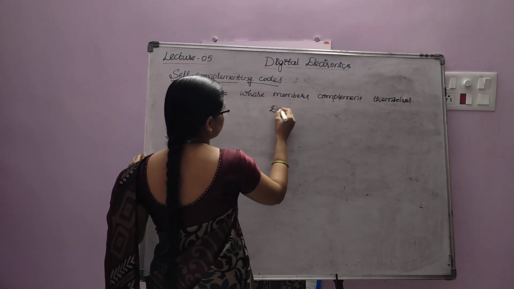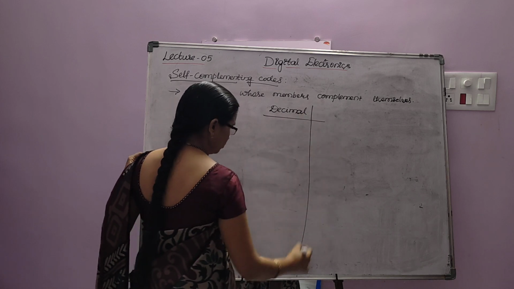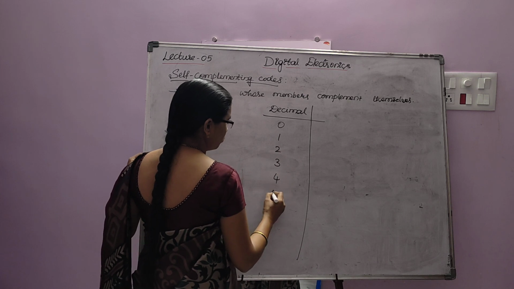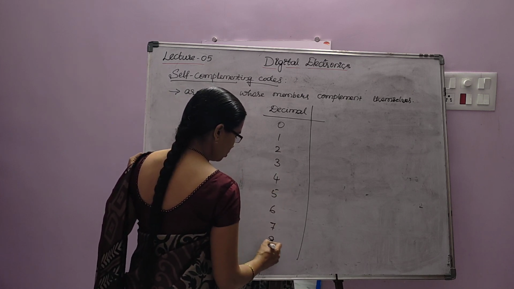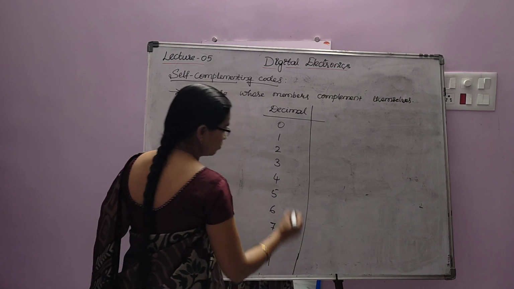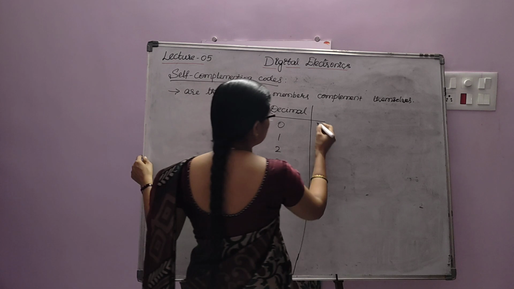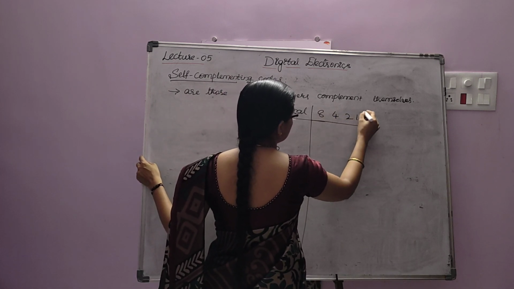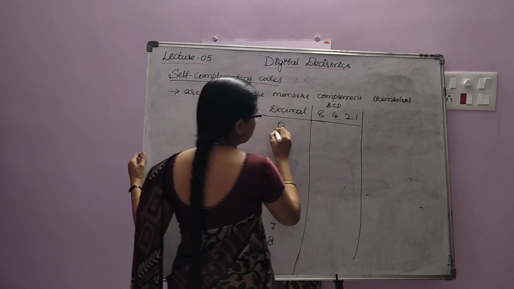Decimal: 0, 1, 2, 3, 4, 5, 6, 7, 8, 9. From 0 to 9, the different symbols used in the decimal number system, and in 8421 BCD code, how to represent 0?